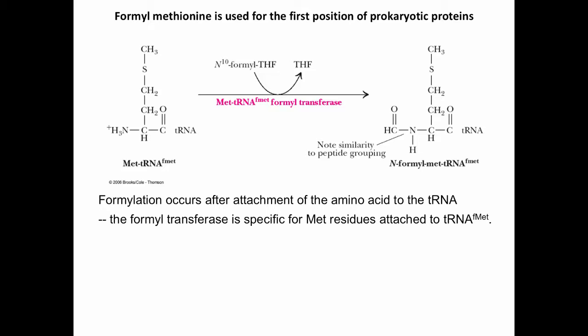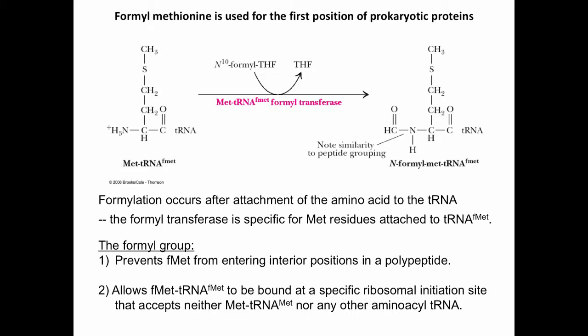That will generate the N-formyl methionine tRNA fMet. Having this specific N-formyl methionine tRNA is important to help make sure initiation proceeds correctly.